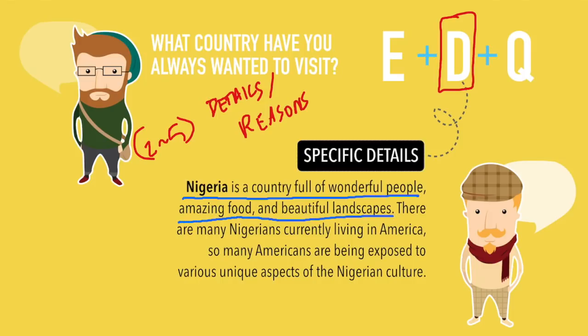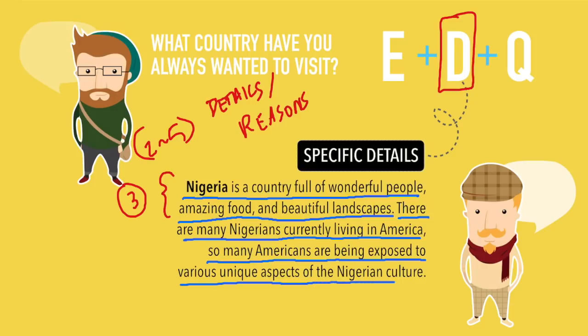Now, this right here is already given 3 different details about Nigeria, but let's keep going. There are many Nigerians currently living in America, so many Americans are being exposed to various unique aspects of the Nigerian culture. Well, we've given another fact.